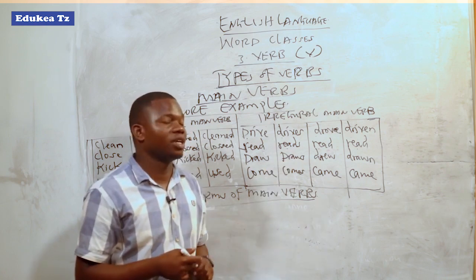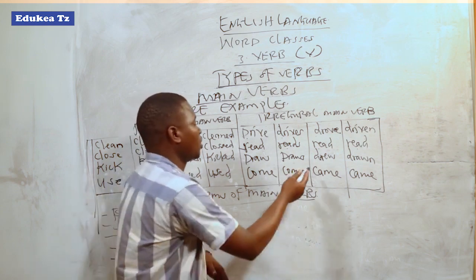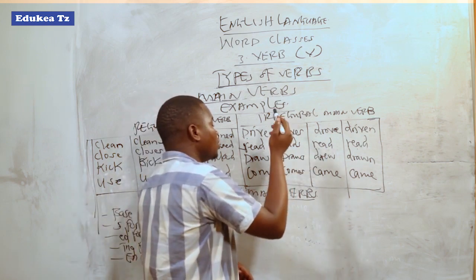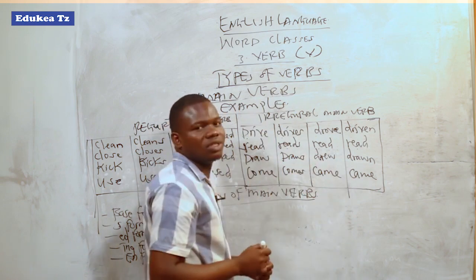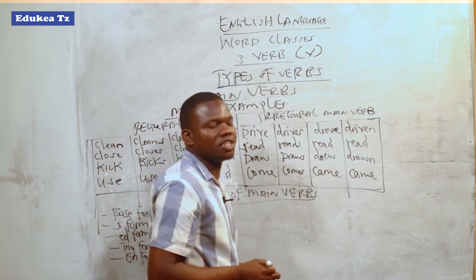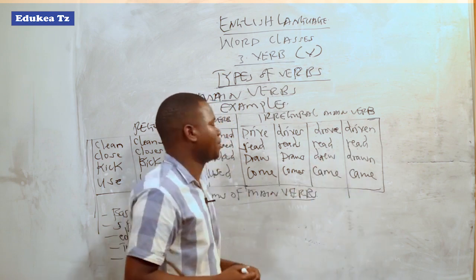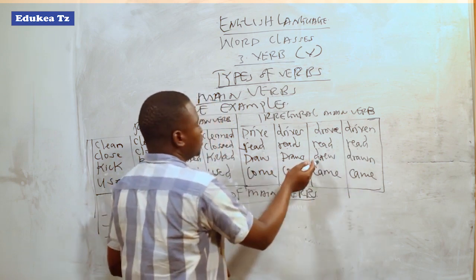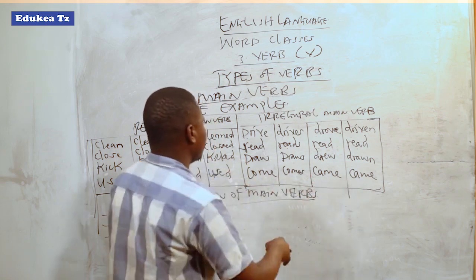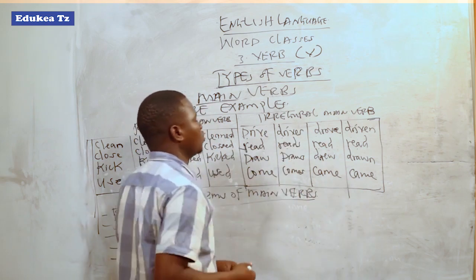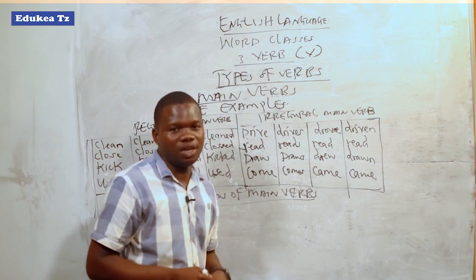So here we get sound change. In this word we don't pronounce it as here, but here it sounds like red. Even here, read. Draw, draws, drew, drawn. Come, comes, came, came. So these are a few examples of irregular main verbs.